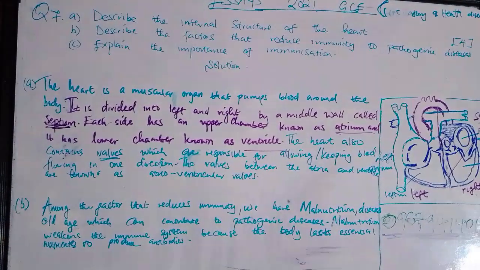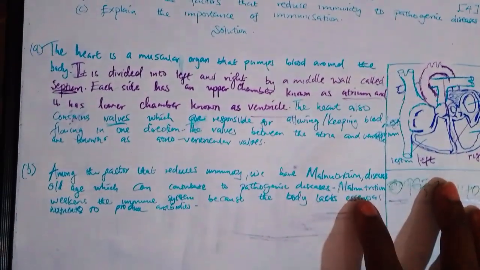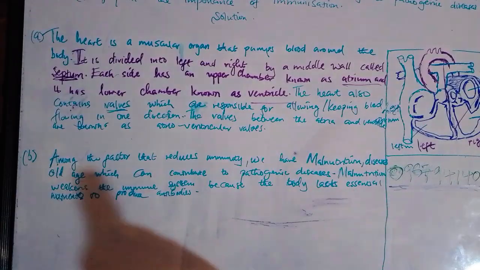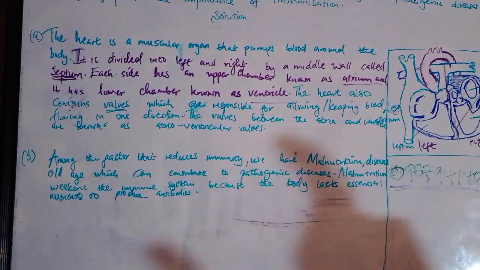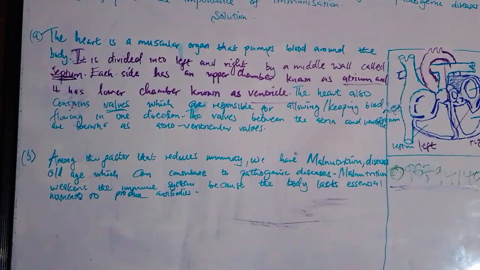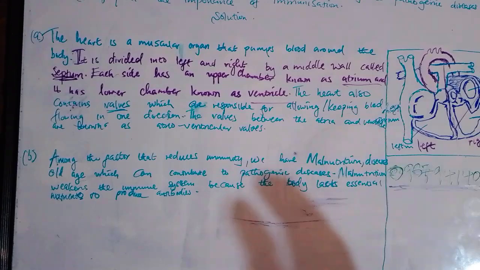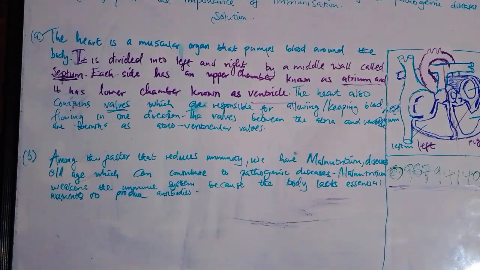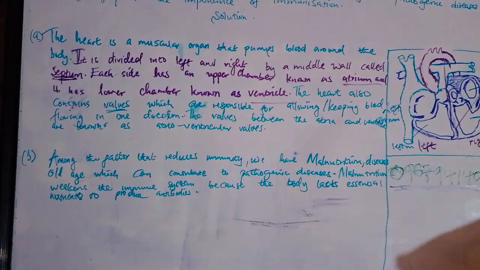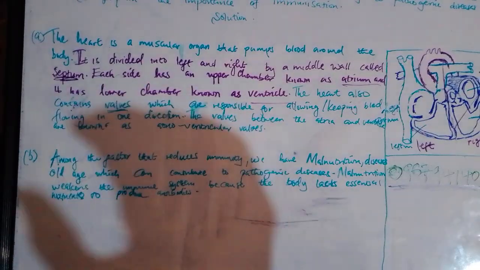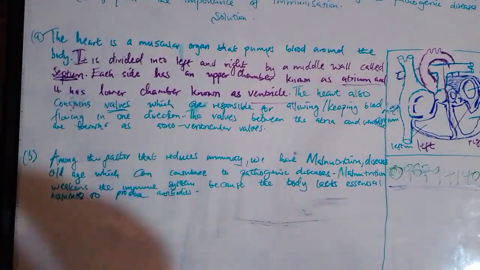So remember I told you that antibodies, they are just what? Protein in nature. So for you to produce antibodies, you need proteins in your body. So whenever you have malnutrition, you are lacking, for example, proteins, your body won't be able to produce those antibodies which are required to fight pathogenic diseases. Therefore, your immunity will be reduced to diseases.